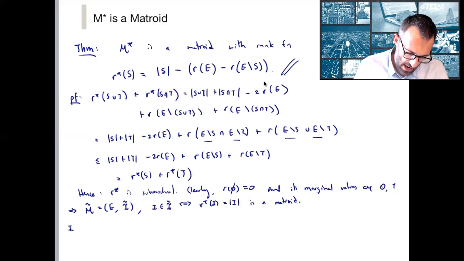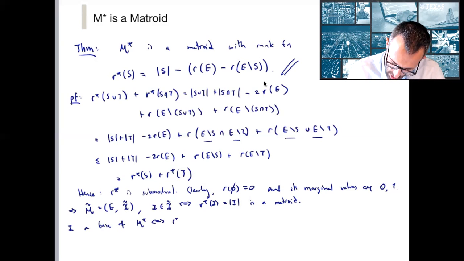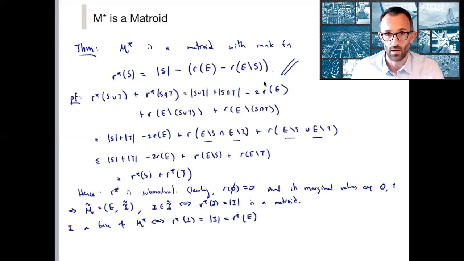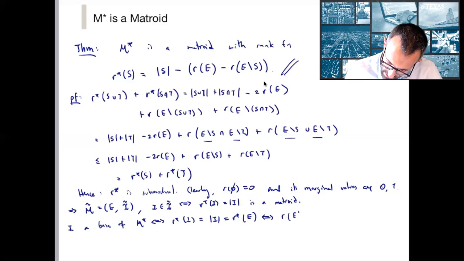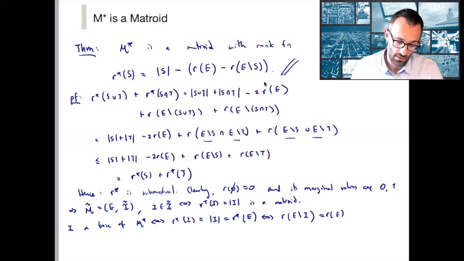So if I is a base of M star, that's the same as writing that r star of I is equal to the cardinality of I, which is equal to the rank r star of E, which in turn is equivalent to the rank of E minus I equal to the rank of E. Note I'm using r now, not r star.